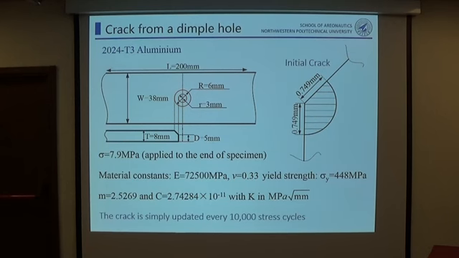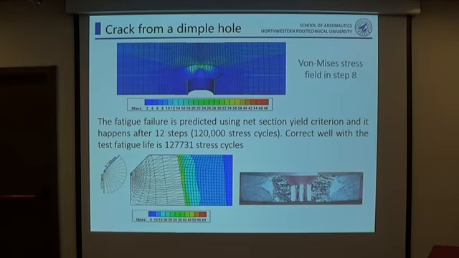We simply update the crack every 10,000 stress cycles. Here is the Mises stress in step 8, and the fatigue failure happens after 12 steps of simulation, and this is the final shape of the crack surface.